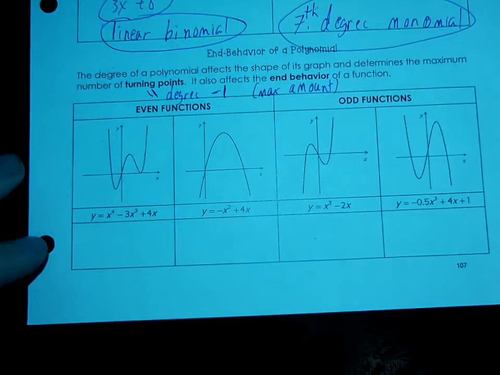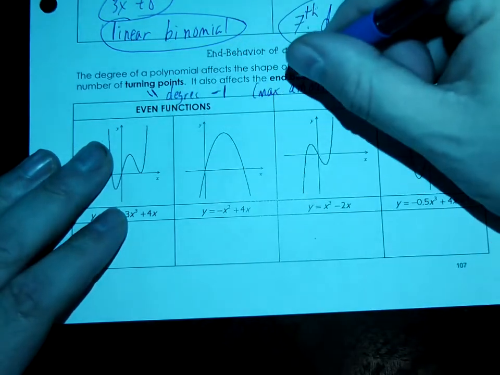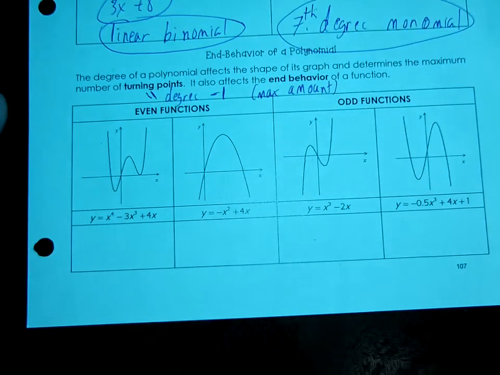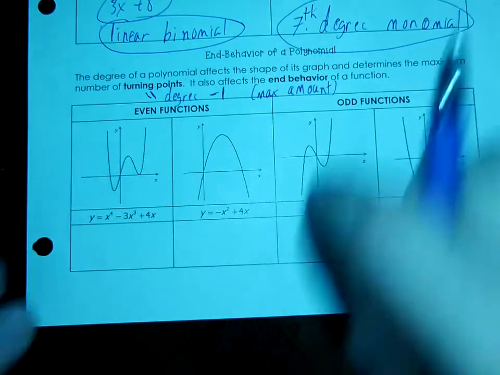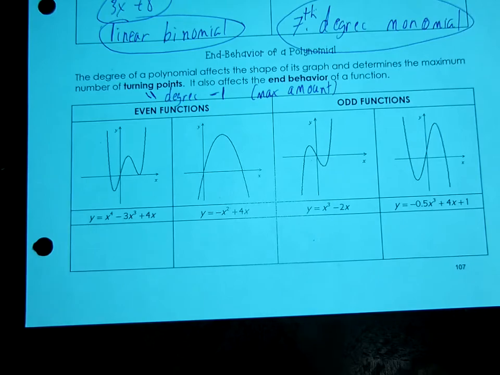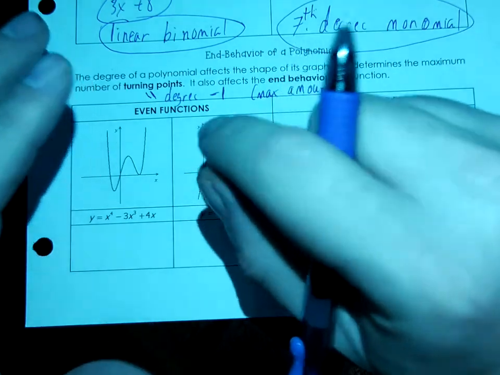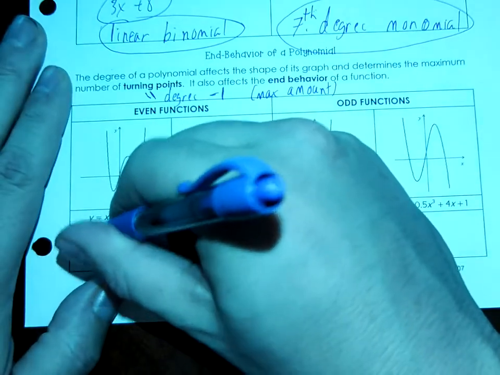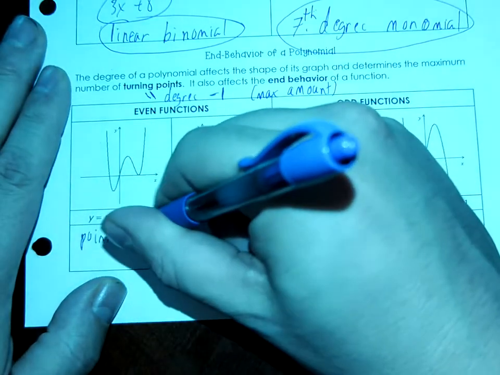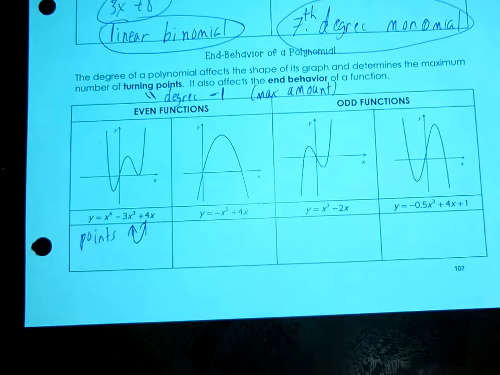The end behavior, you should be able to look at the graph and determine what happens. So on the left and on the right, the end behavior can be the same or it can be different. These even functions always have either points up or points down. So this one points up. That's the end behavior here.